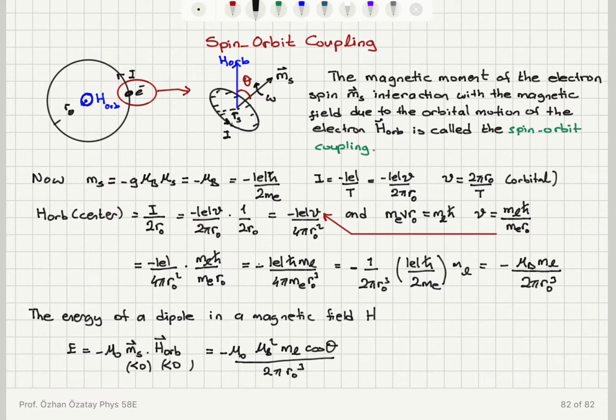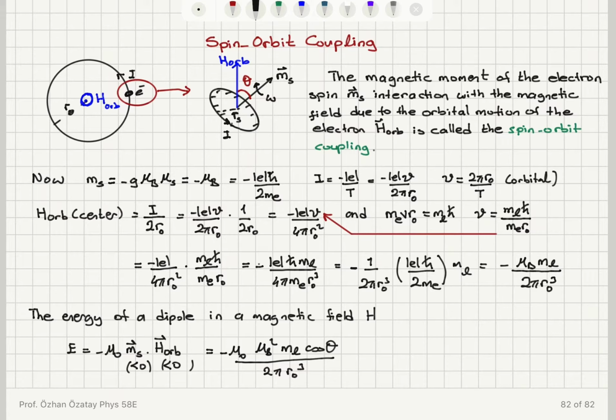So I have substituted minus a Bohr magneton m sub l divided by 2 pi r_0 cubed for h orbital, and for the spin magnetic moment I have substituted minus a Bohr magneton, so that gives me mu 0 times Bohr magneton squared m sub l cosine theta over 2 pi r_0 cubed. So this is the energy of the system.